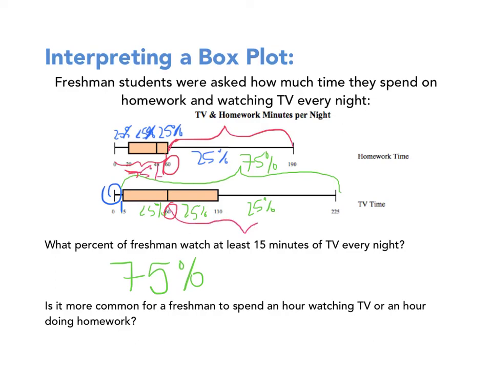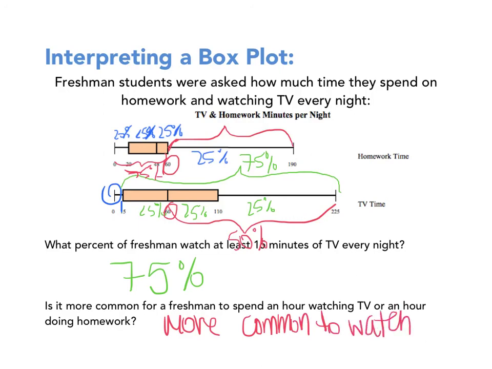But for watching TV, I see that at least 50% of students spend over an hour watching TV instead of doing their homework. So I'm going to say it's more common for freshmen to watch TV based on the data that we see in our box plot, because 50% of freshmen watch at least an hour of TV, but only 25% of freshmen do an hour of homework.